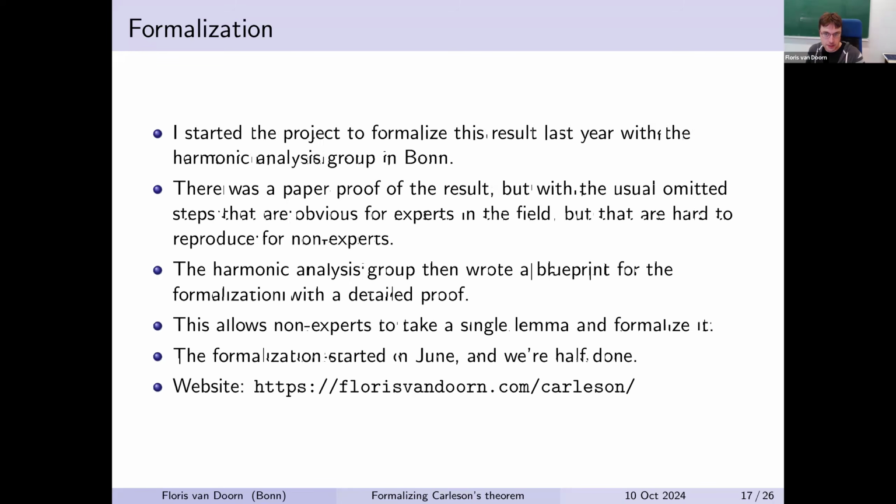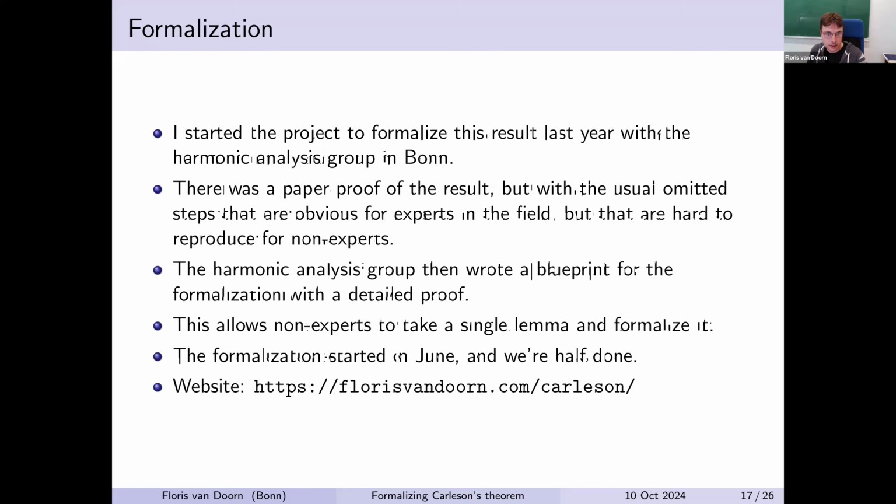They had a paper of about 30 pages, and it was a typical math paper where, if you're an expert in the area, it was a very clear proof. But if you're not an expert, which definitely includes me, then it's very complicated to understand all the obvious steps that are omitted because they're standard or well known, or techniques that you use all the time.